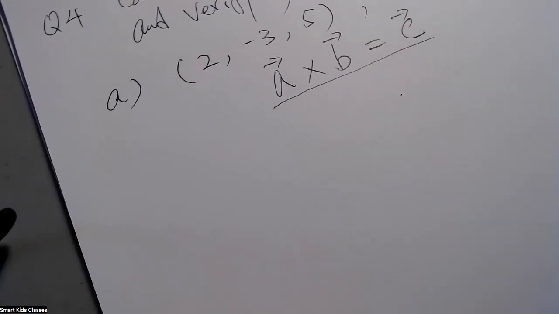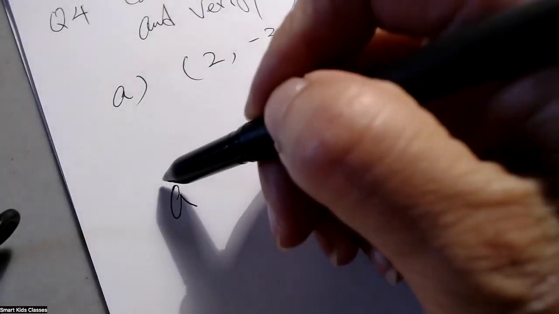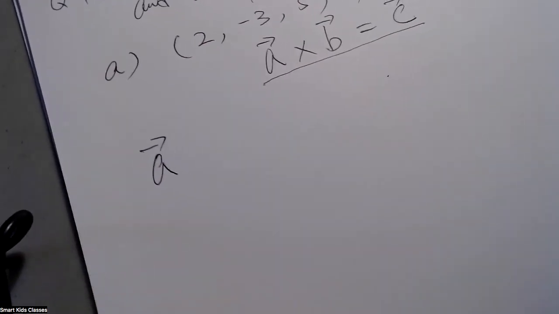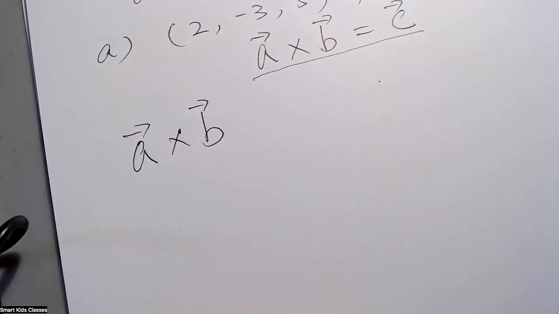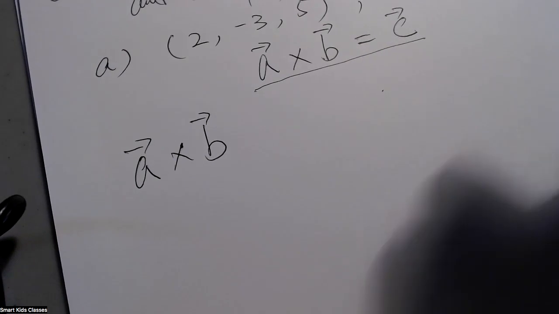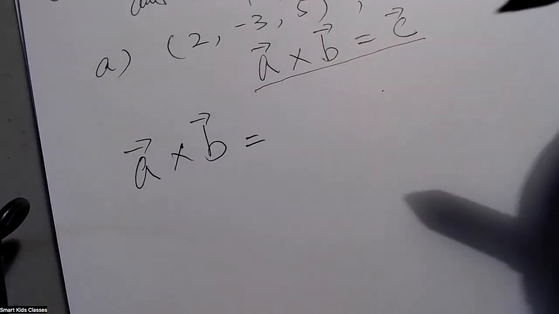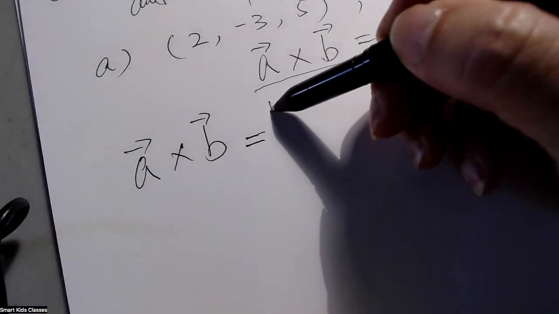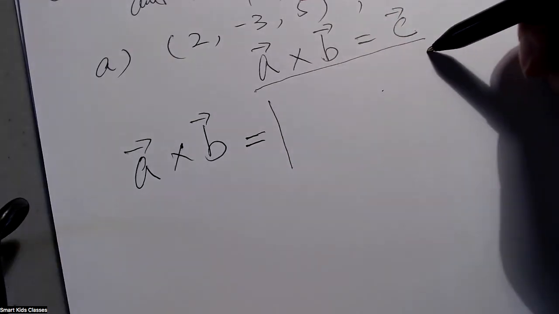We're going to do the first part, vector A cross vector B. Let's do it in a matrix.